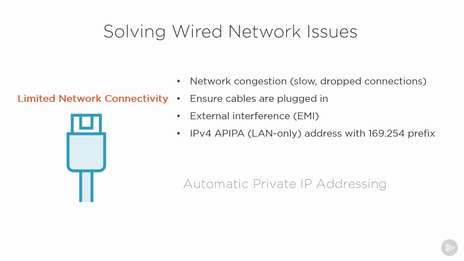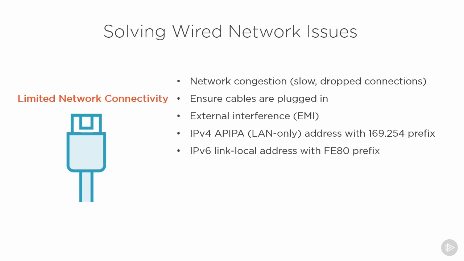It's a LAN-only IP address that has a 169.254 prefix. This will be assigned automatically by many operating systems in the absence of another IP configuration. It usually means your machine couldn't acquire an IP address from a DHCP centralized configuration, so you're limited to communicating only on the local area network.